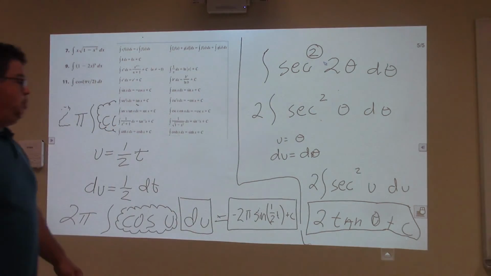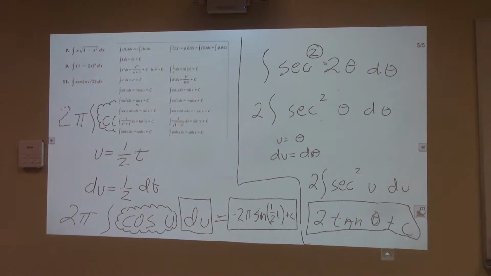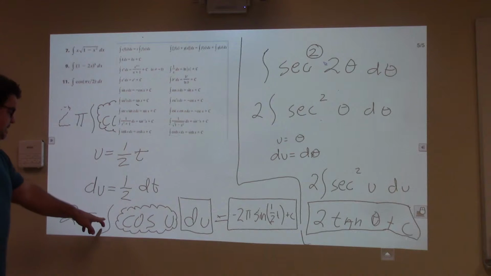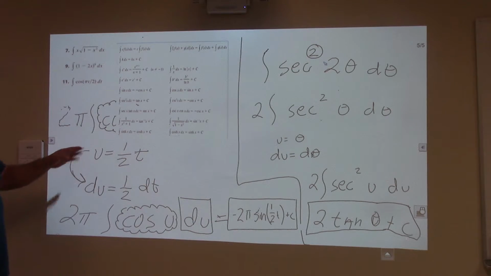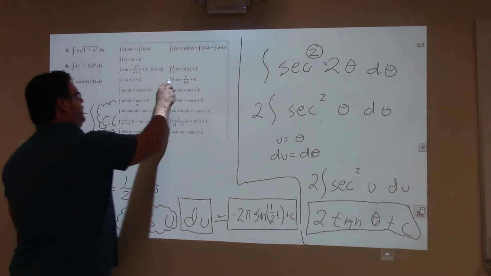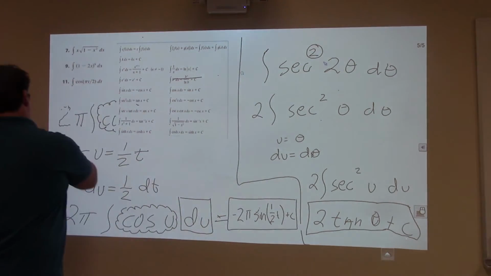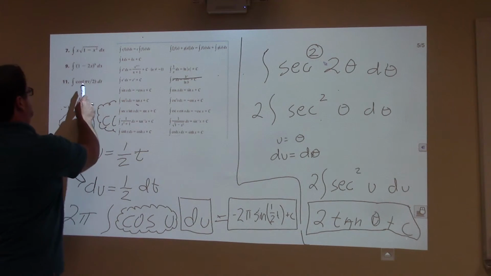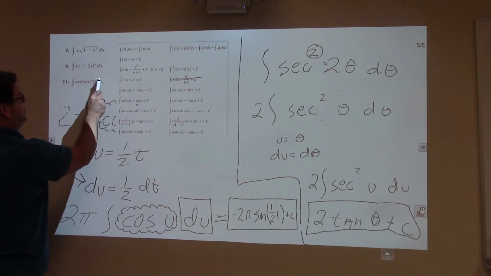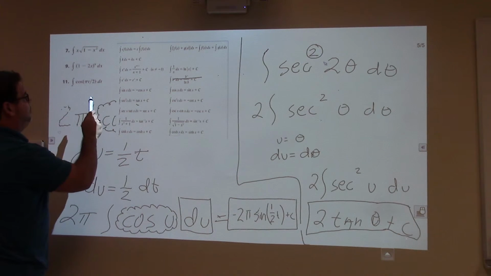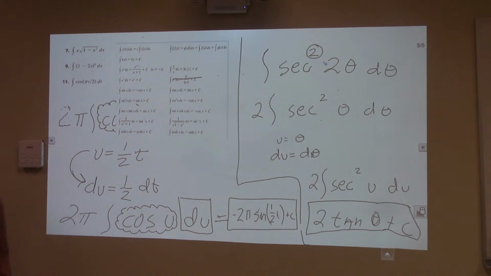So you end up taking the derivative of the trig anyway, usually in these problems. No, this is the antiderivative. Here you take the derivative, but we're not taking the derivative of the trig because there isn't any trig up here. But anyway, the problem right here, what's the derivative of cosine? Negative sine. Is there a negative sine anywhere in your problem? No. And you can't say, well, let's just add a negative sine and we'll put a 1 over negative sine.